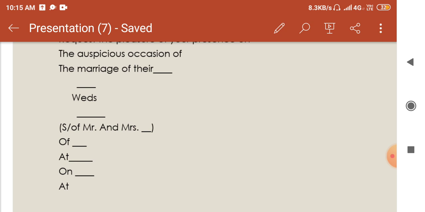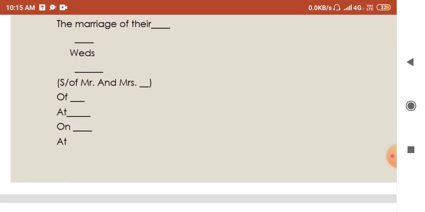Then at the place at which the wedding ceremony is going to be held, so at a hotel, whatever the name of the hotel is, then the address, comma, civil lines, New Delhi.